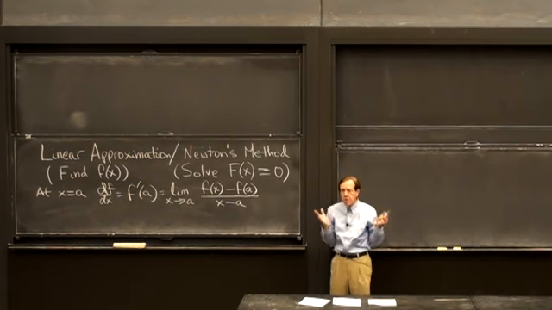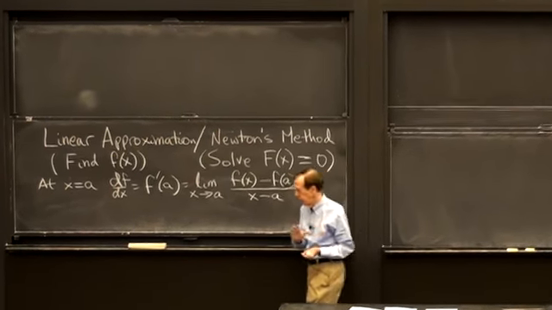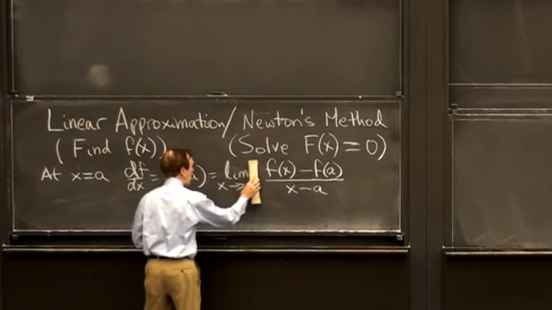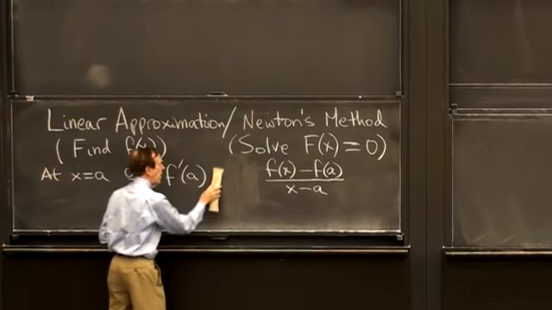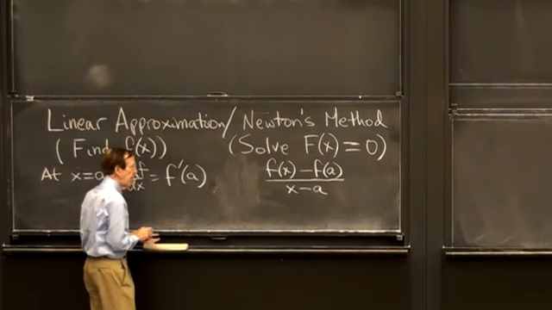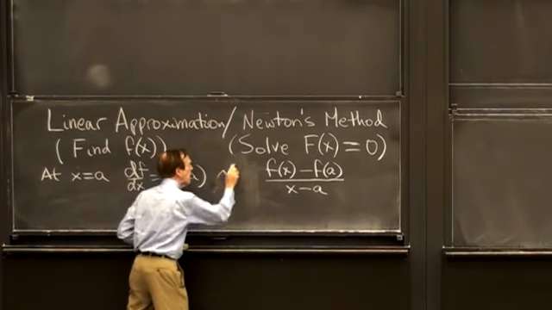Okay, here's the idea. I'm just going to erase that stuff. Well, now I won't have an equal sign anymore. I'll have an approximately equal.